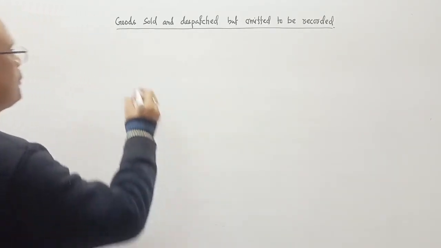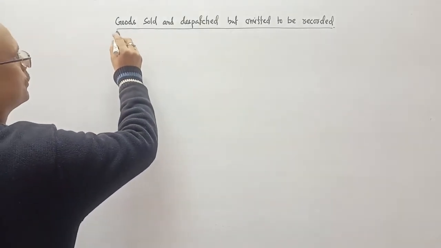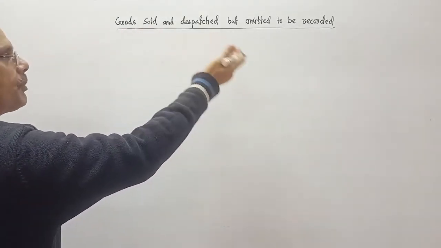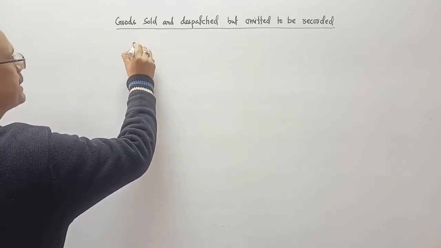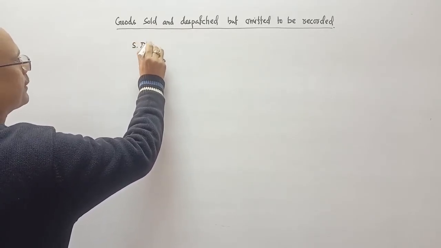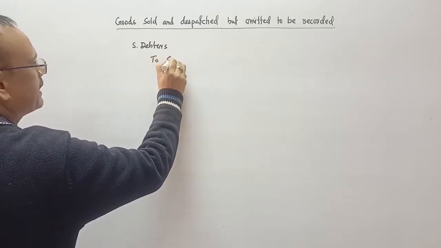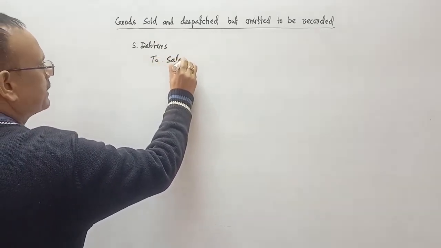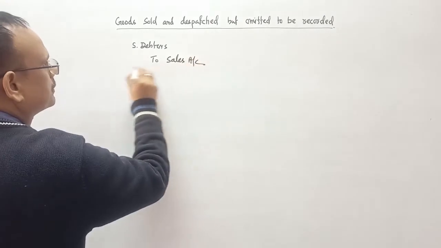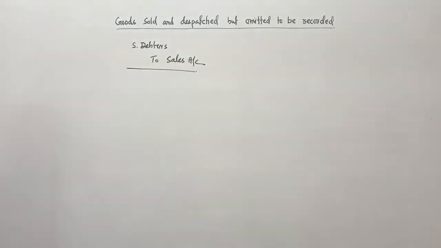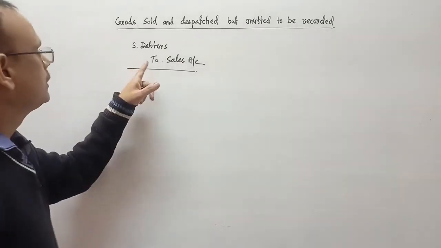The transaction is goods sold and dispatched but omitted to be recorded. So sundry debtors account, or customer account, debit to sales account. This will be the entry: sundry debtors account debit to sales account.